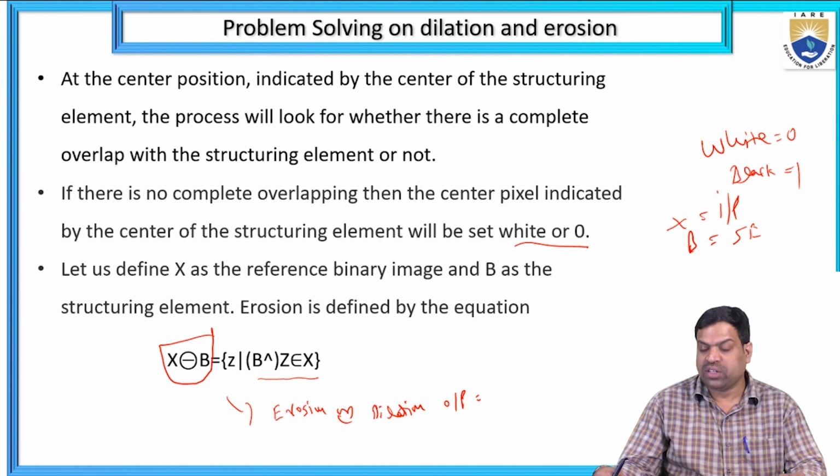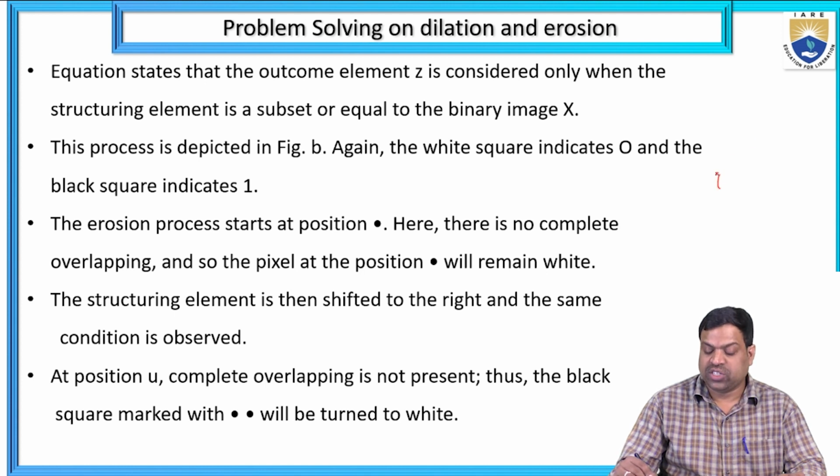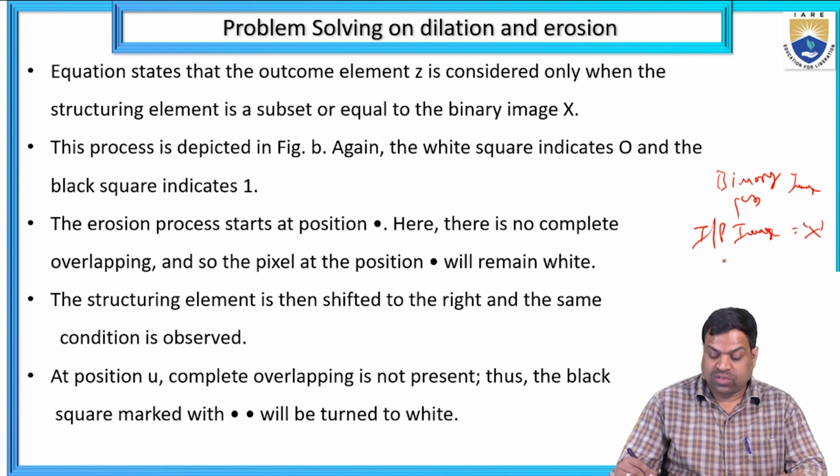Erosion is defined by the equation. The equation states that the outcome element Z is considered only when the structuring element is a subset of or equal to the binary image. So always the binary image or input image is X, and the structuring element is B.